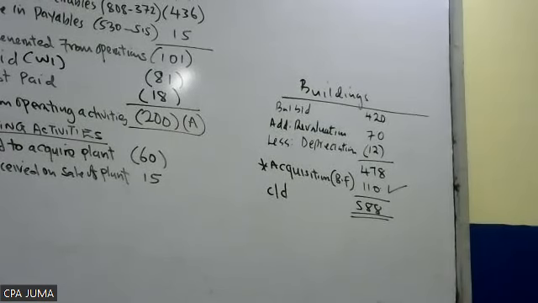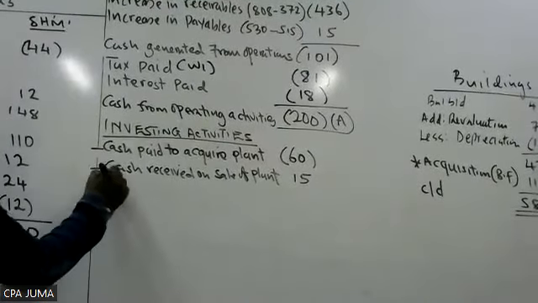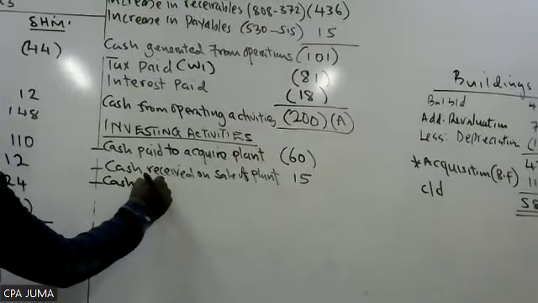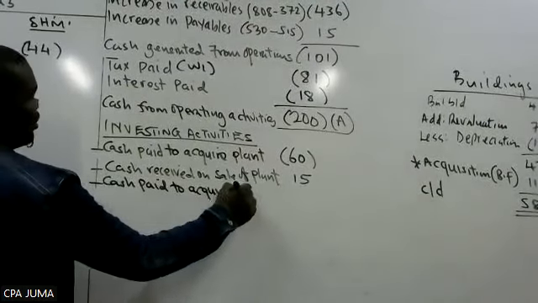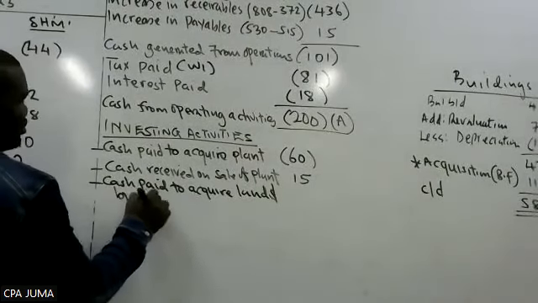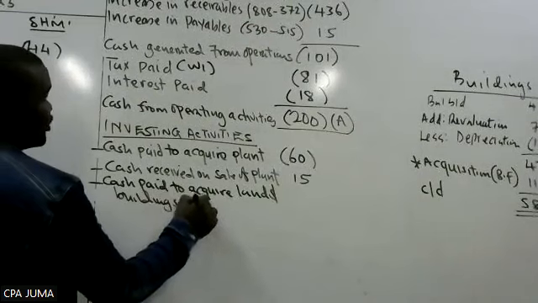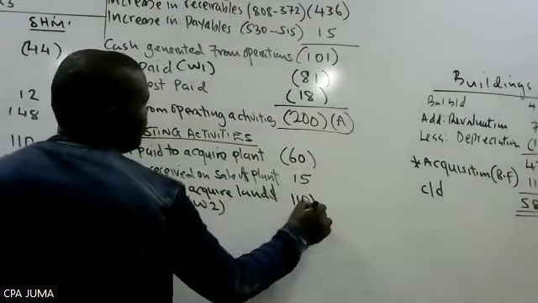That is cash outflow. So cash paid to acquire land and buildings. You can call it working too. We have gotten 110.